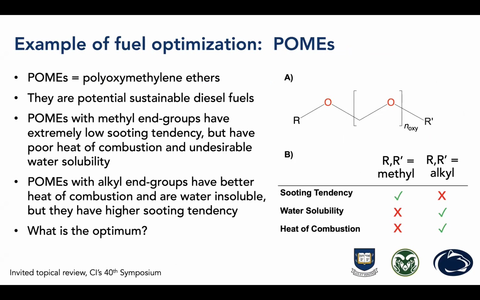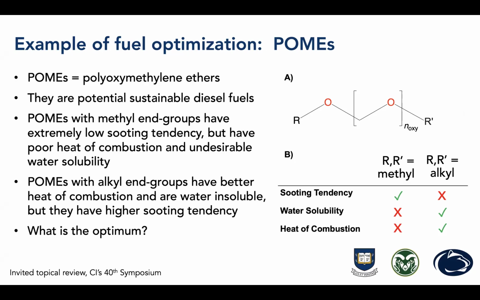It has extremely low sooting tendency, but poor heat of combustion and undesirable water solubility. Water solubility is an important feature that needs to be minimized to prevent contamination of the environment. These polyoxymethylene ethers with larger n groups have better heats of combustion and are water insoluble, but they have higher sooting tendency.